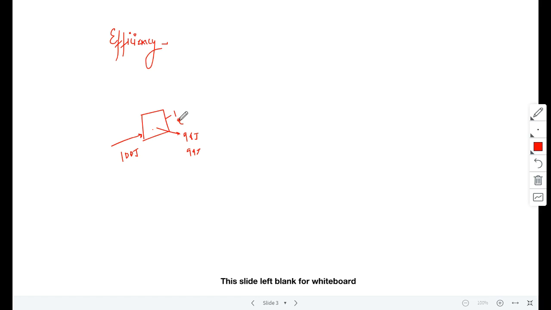So this heat is basically wasted energy. So whatever energy is input gets wasted as heat energy. This is not good for a machine. So the main aim of designers is to minimize that heat loss or to maximize the work output, and by this they make their machine more efficient.